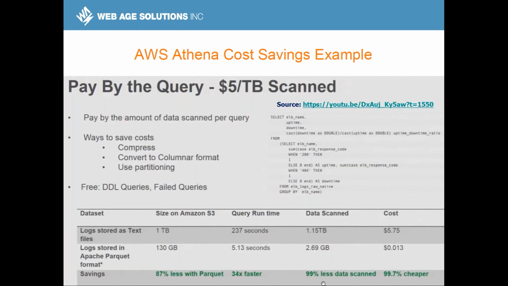You see, it's almost 99% less data scanned, which would result in faster times, and it would also bring down the cost of your cloud bill, because they charge you per hour. In some cases, they might offer you a per second or per minute charge, but generally you save down the road. That's what business people would love.